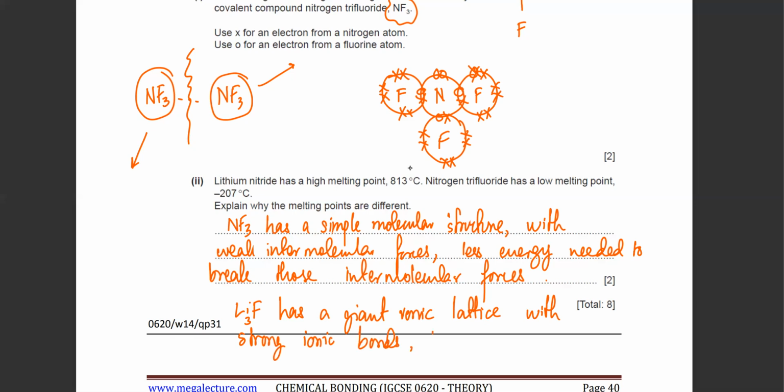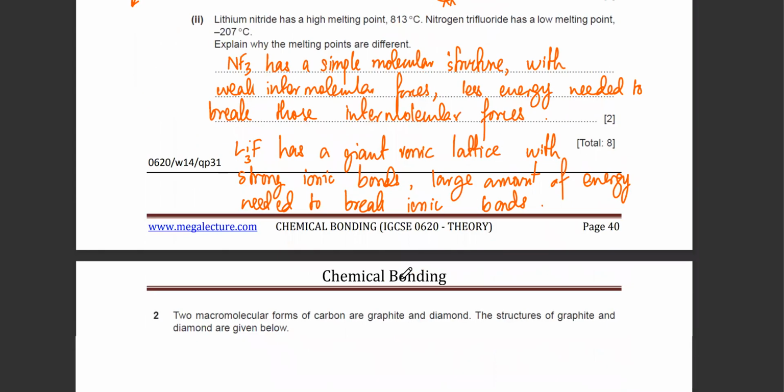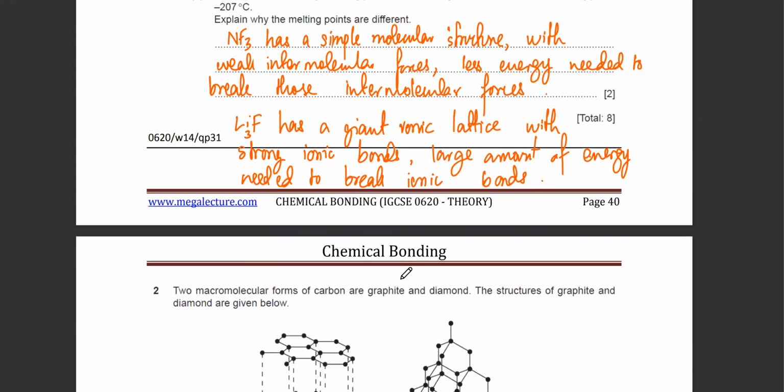So large amounts of energy are needed to break those ionic bonds. Plus, it's a giant structure, so that means there are lots of ionic bonds. Is this clear? So you're going to write only one of these. Yes, sir. All right, sir.